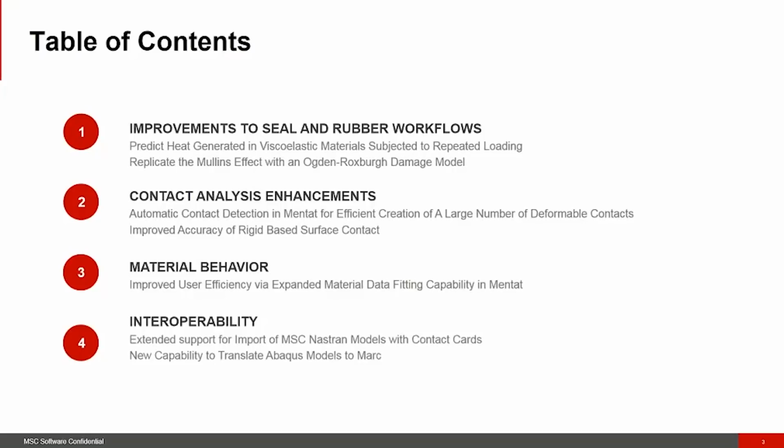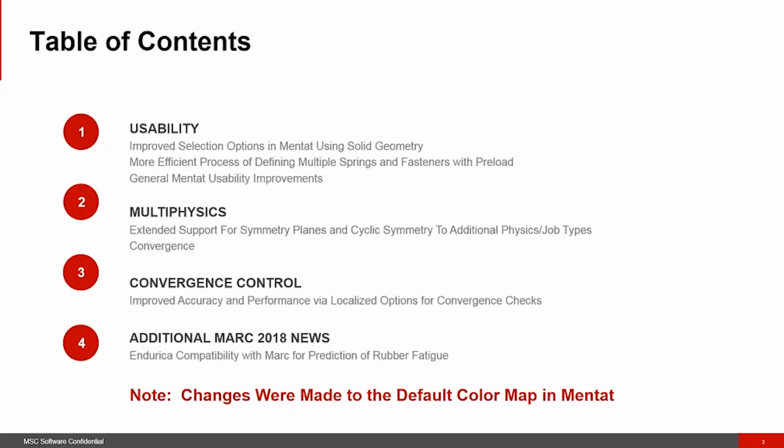The next section will be covered by Matt, and he'll be talking about the usability features that have been added to Marc to improve your simulation workflows. Some of these include improved fastener modeling with bolts and springs. Next, he'll talk about the multiphysics capabilities that have been added to the 2018 release to improve the efficiency of induction heating simulations.